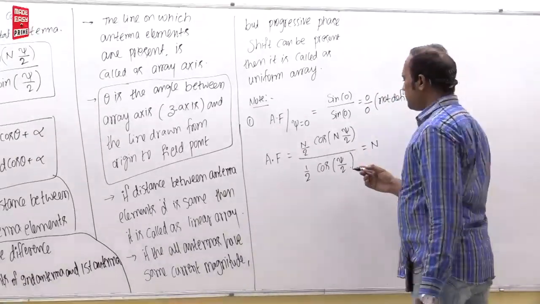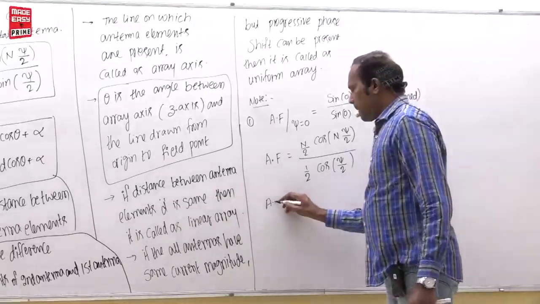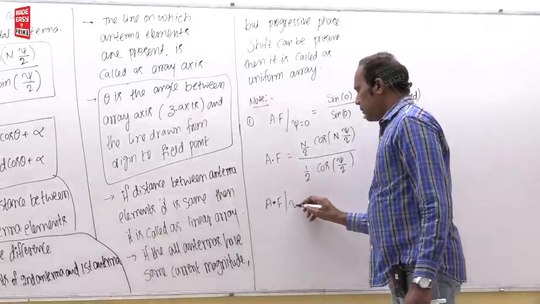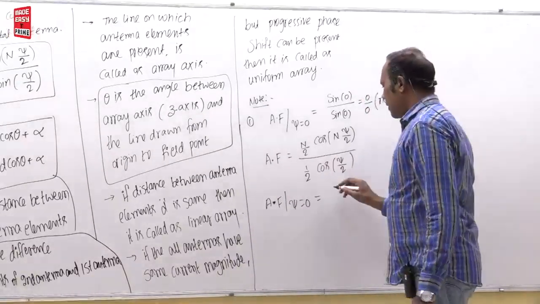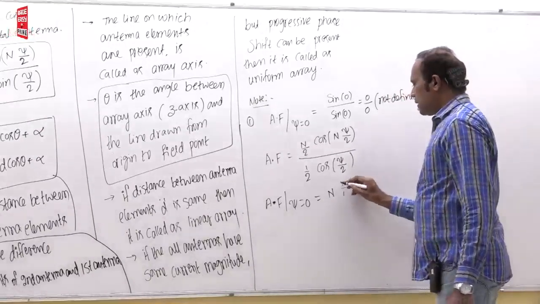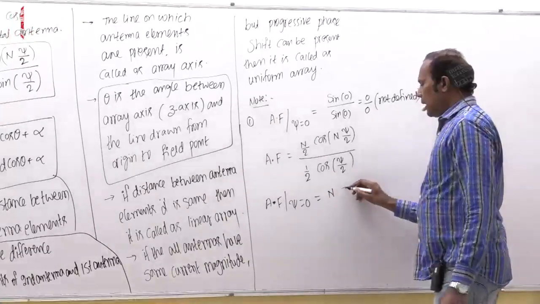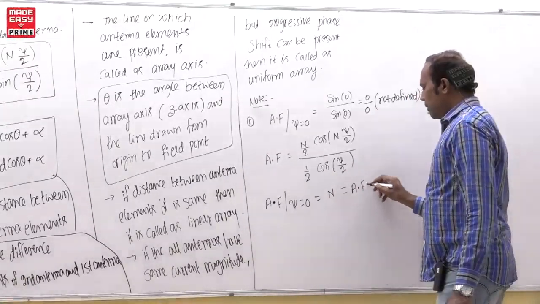Again you substitute psi is equal to 0. Now half gone, you get n into cos 0 is 1, this is 1, so ultimately you get n. This is the highest value, array factor maximum value.